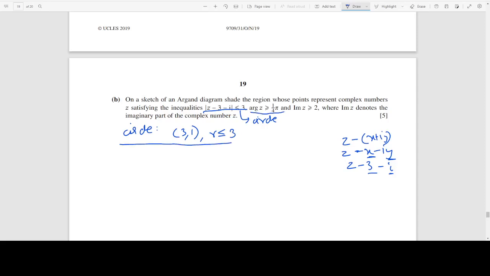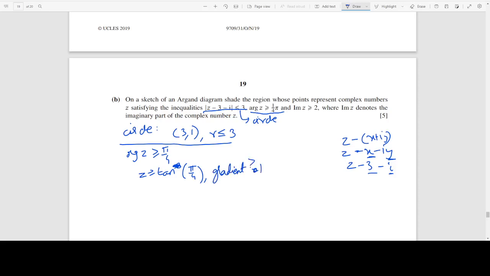And the other one is a half line, which means argument of z has to be greater than or equal to pi upon 4, which means, sorry, it's going to be the tangent of pi by 4, which means the gradient of this half line is 1.